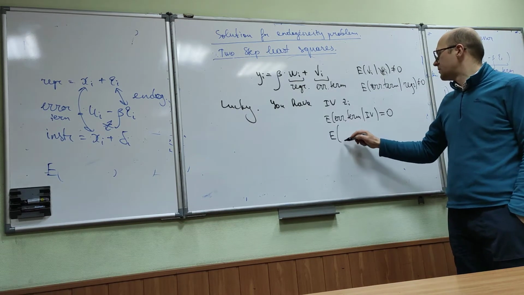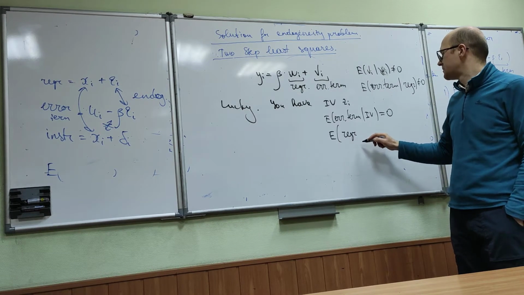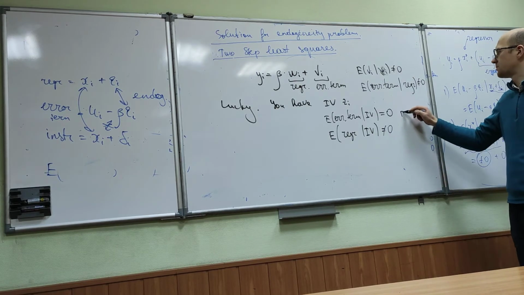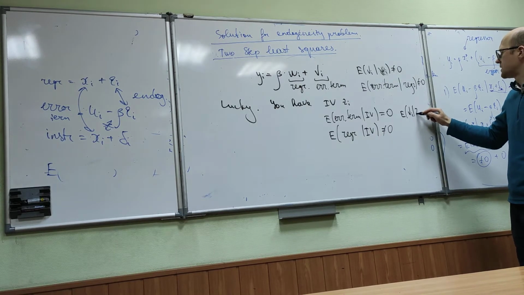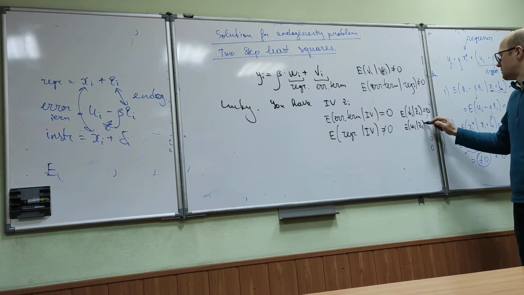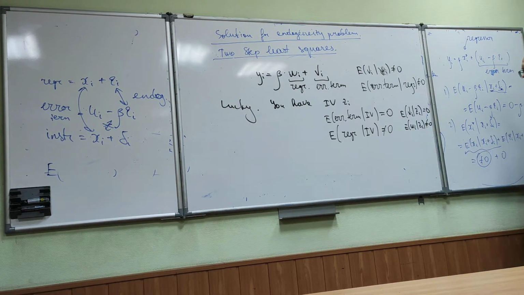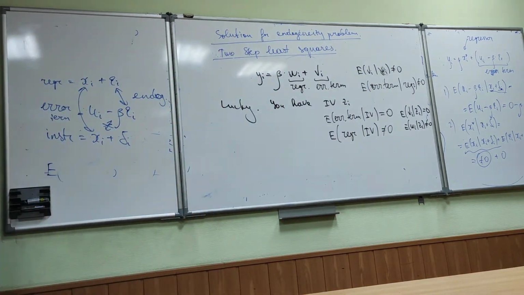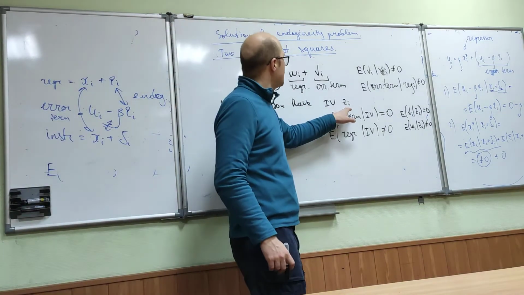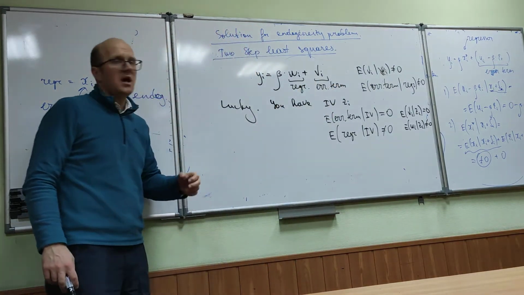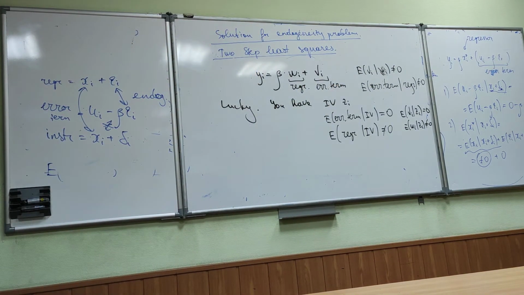And the expected value of your regressor given the instrumental variable is not 0. This magic variable has two strange properties: it is linked with the regressor, but not linked with the error term. And in this case, you may use two-step least squares.